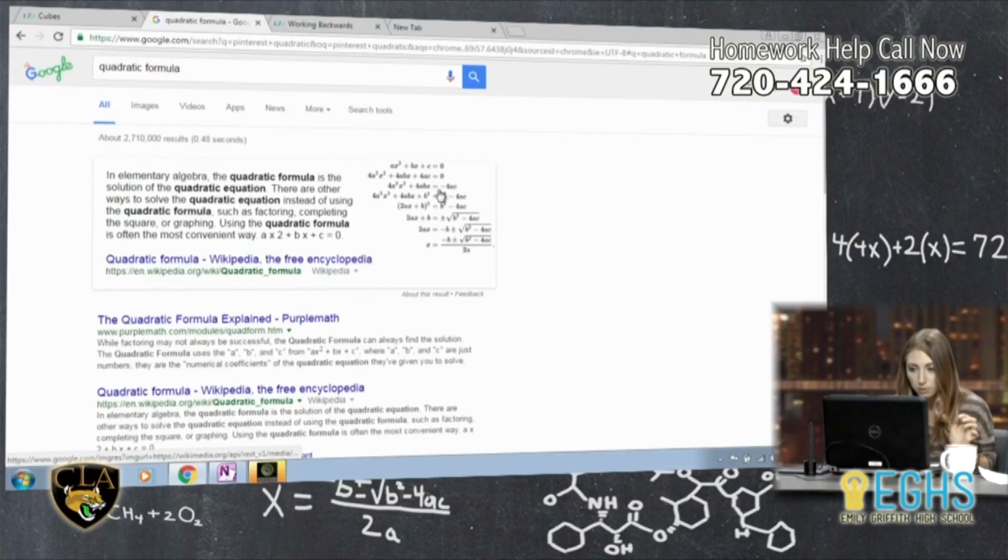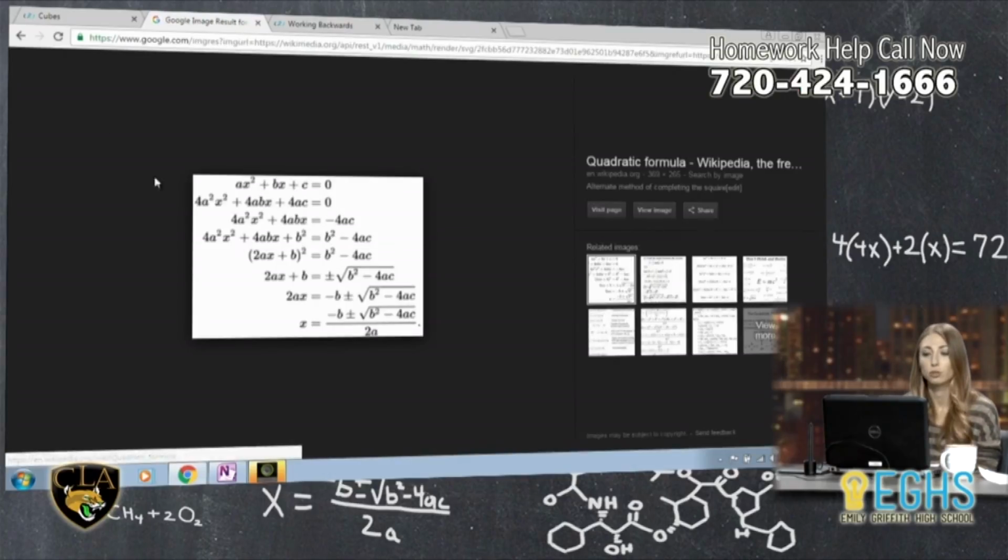Okay. So the quadratic formula was actually derived by isolating x when the equation was in general form. We don't have to do all of these complicated algebraic steps every time. We just jump to the very end and plug in our coefficients. That's what we're doing when we're using the quadratic formula.